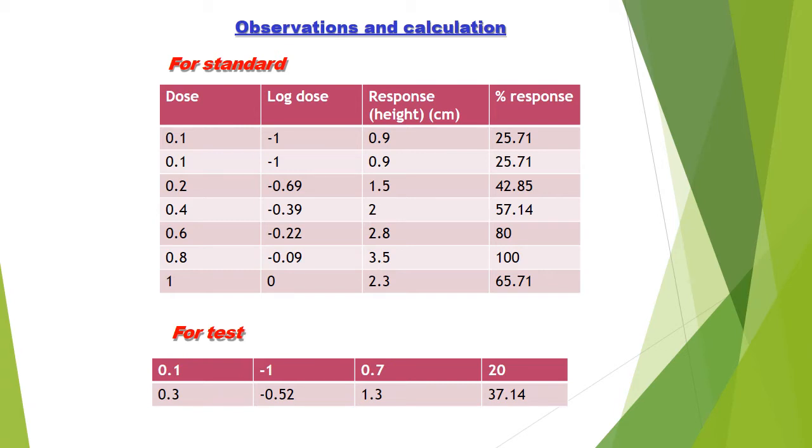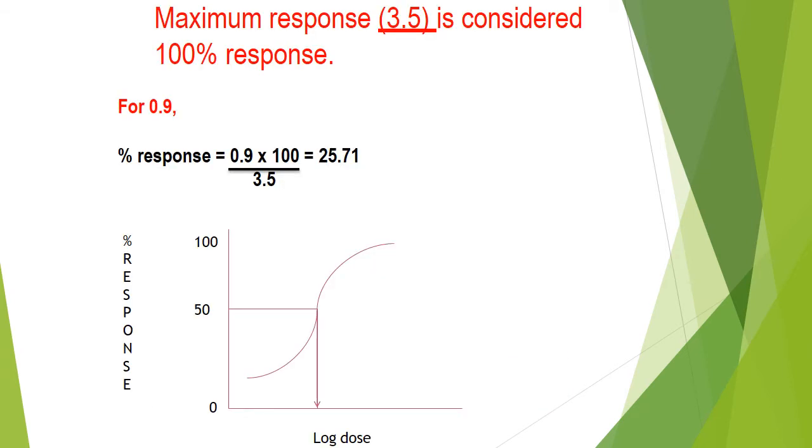You can see the dose for the standard and the response height, as in the graph, and the percentage response we have taken, and for the test the same thing has been taken. So maximum response is 3.5, considered 100% response, because the percentage of response was maximum at 3.5. So percentage response for 0.9 concentration.